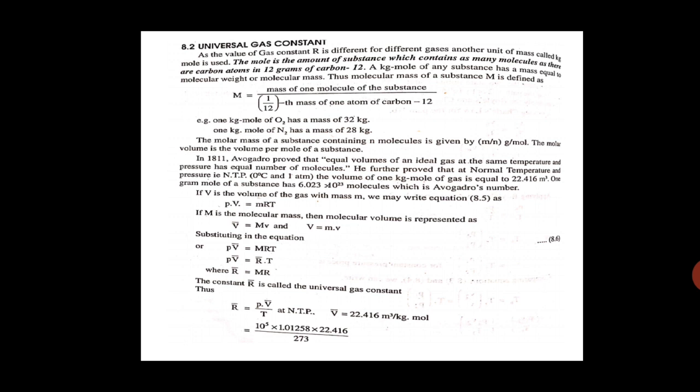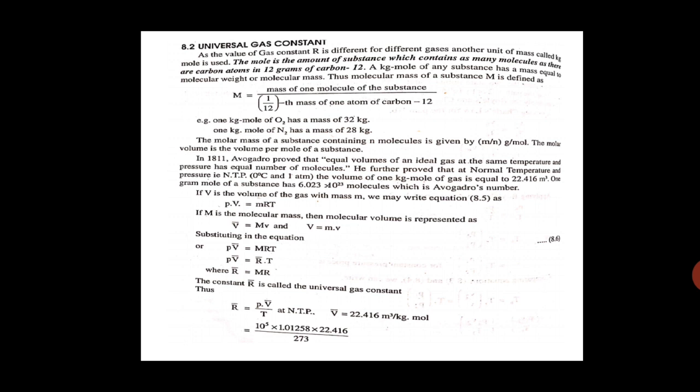This R bar is called the universal gas constant, and the value of R bar is nothing but P V bar by T at NTP. V bar is, as per Avogadro, 22.416 meter cube per kg mole. So substituting these values, P is 10 raised to 5 Pascal into 1.01. This is the atmospheric pressure at NTP, 1 atmosphere.